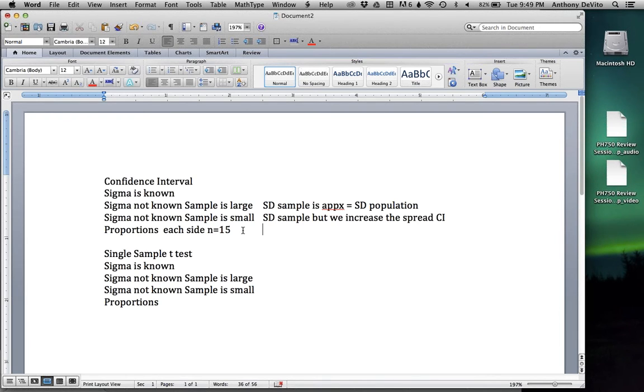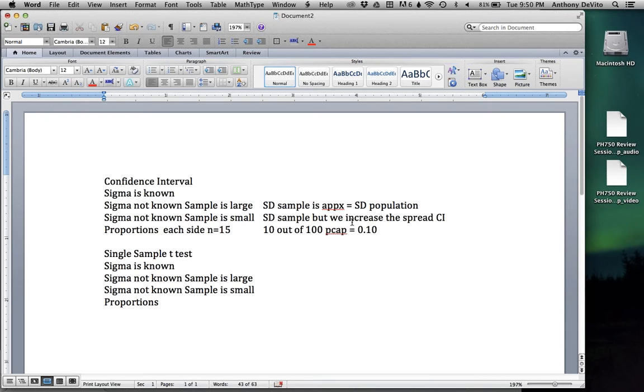I'll get to that question in a second. Okay, for 100 people, we found 10 that had the disease, 10 out of 100. So the proportion is equal to the prevalence. I'll call that p cap. Our sample proportion is equal to 0.10.